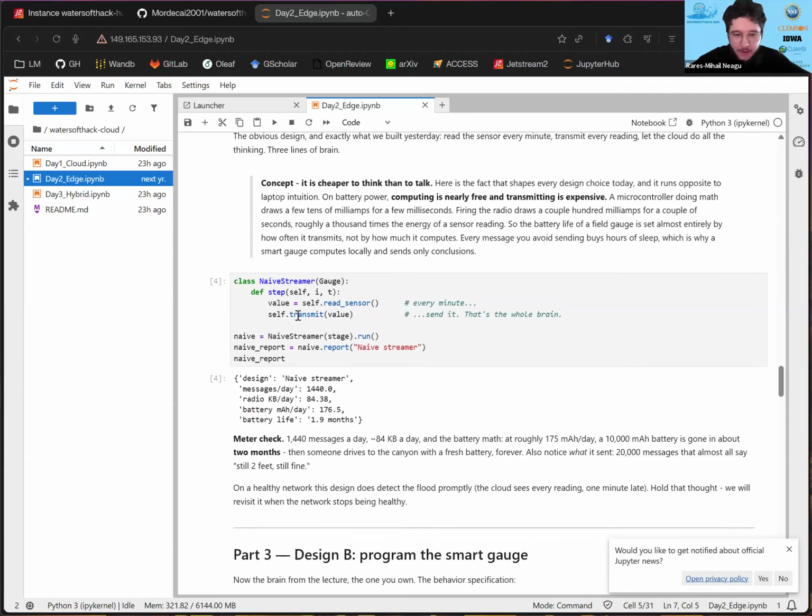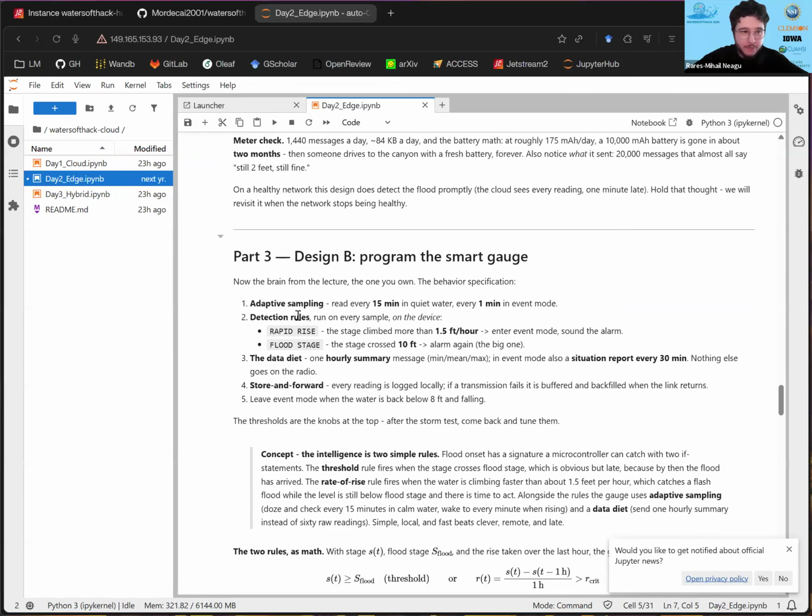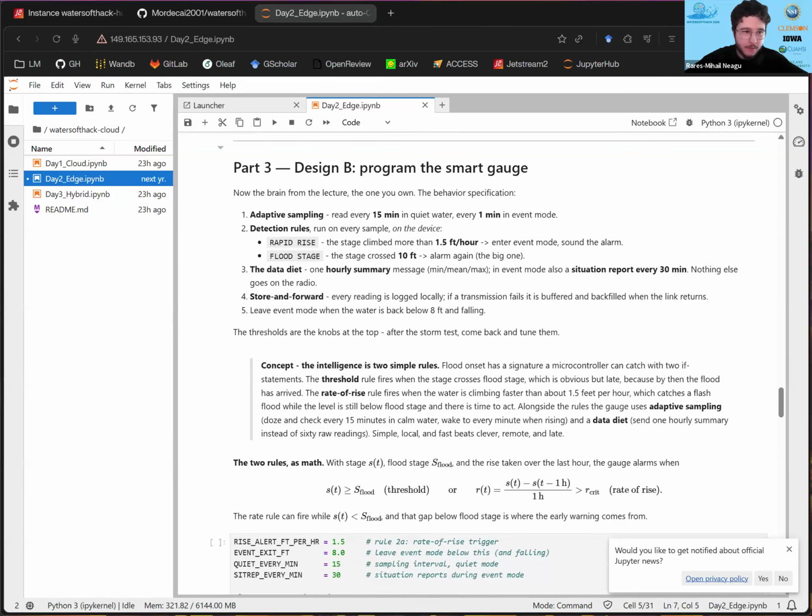All right. So now, if there are no more questions, we can go to part three. Okay, so now we're going to try to create a smart gauge. So what the smart gauge is going to do is this. First of all, it's going to use adaptive sampling. We're not going to sample every 1 minute, unless we are in event mode.